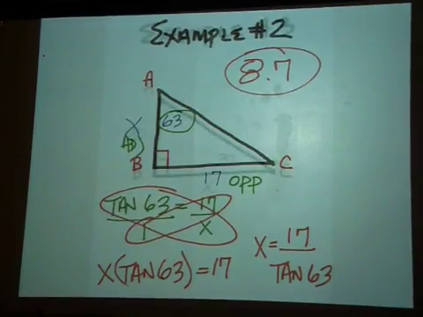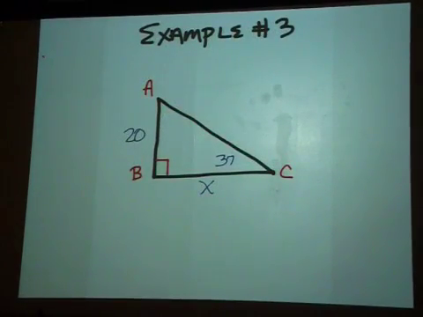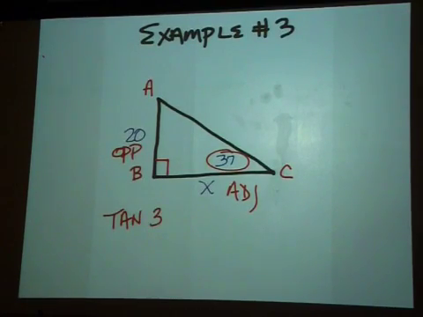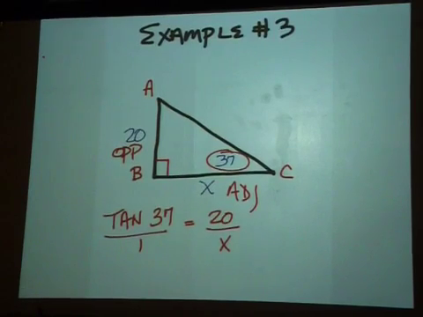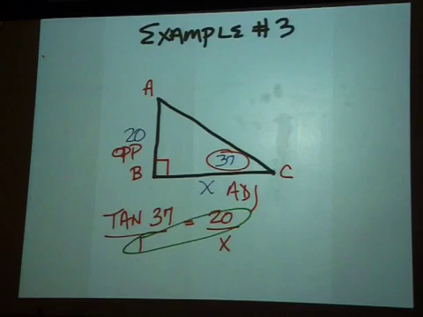8.7. In this triangle, we're given 37 degrees. This side is opposite and this is adjacent. Therefore, we're using tangent. Tangent 37 degrees equals opposite 20 over adjacent x. Put a 1 under the tangent 37 and cross multiply.